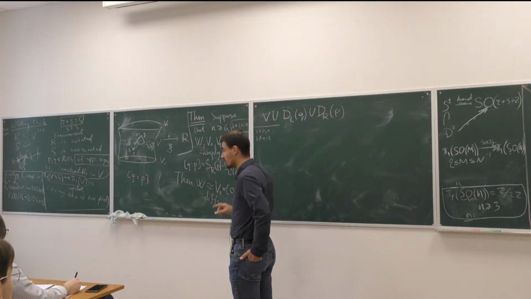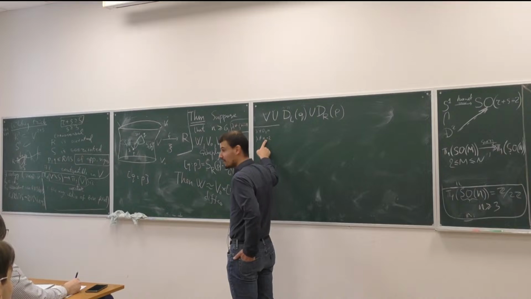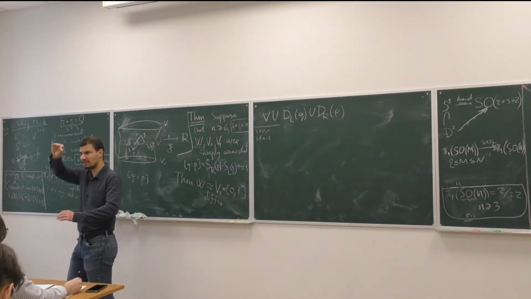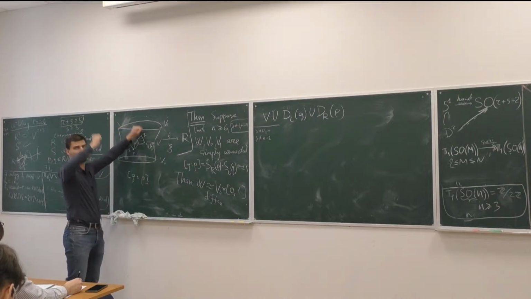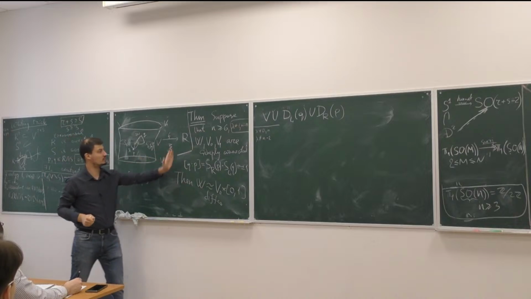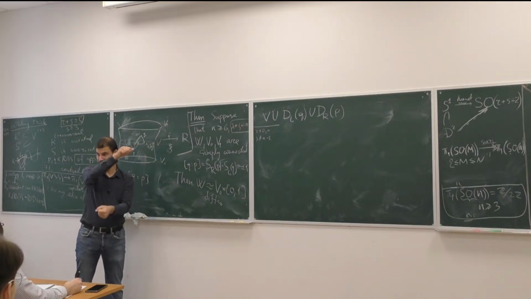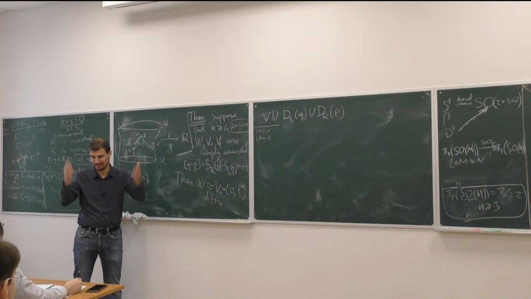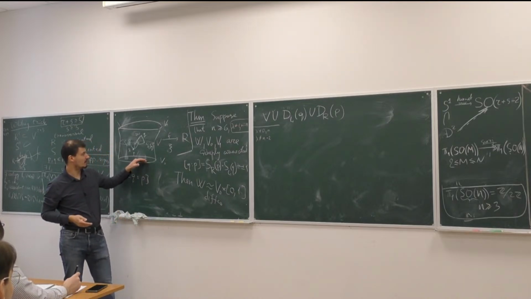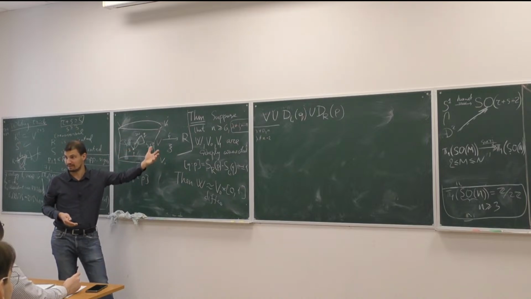Why? This is not an assumption. If lambda is n minus 2, then we can always reverse this function. We can always change the direction of this function, and then lambda will be replaced by n minus lambda.